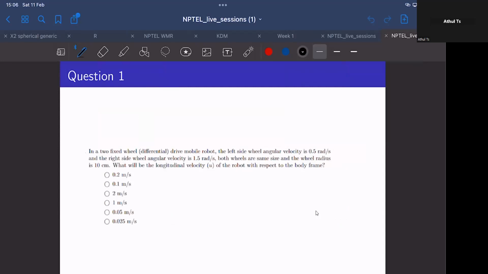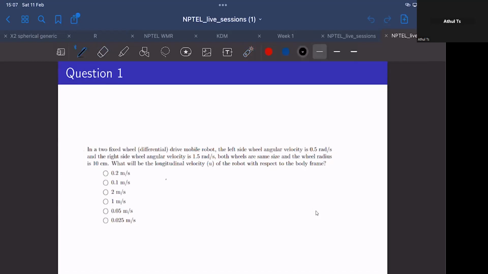So the first question is a direct question from the kinematics of a differential wheel mobile robot. It says, in a two fixed wheel differential drive mobile robot, the left side wheel angular velocity is 0.5 radians per second, and the right side angular velocity is 1.5 radians per second.